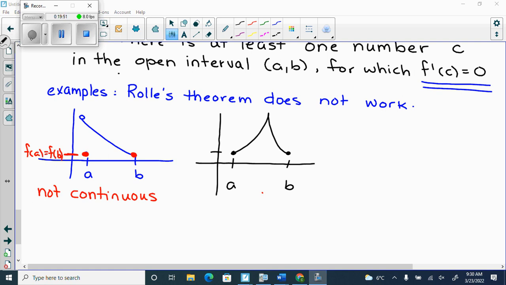Not differentiable because there's what? A cusp. There's a point. So it's continuous, that's fine. F of A equals F of B, that's true. Has endpoints, good, good. It is not differentiable because of the cusp.